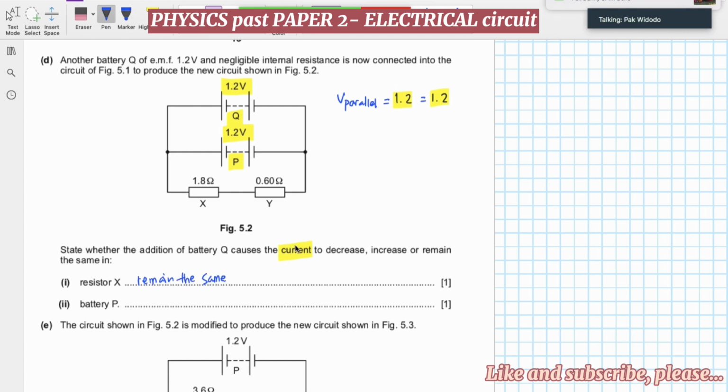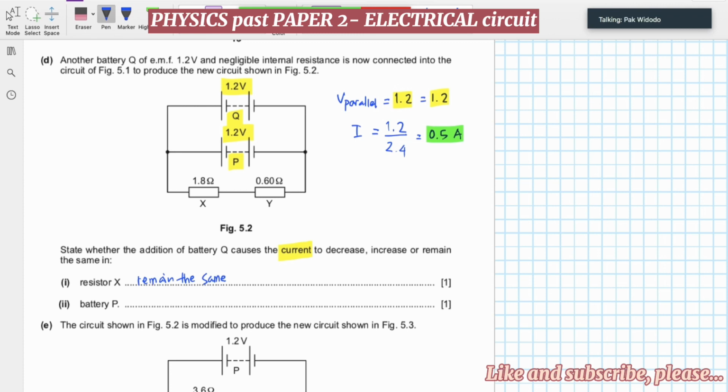Why? Because V is the same, 1.2, divided by total resistance 2.4, which is 0.5 ampere. It remains the same, still 0.5 ampere.